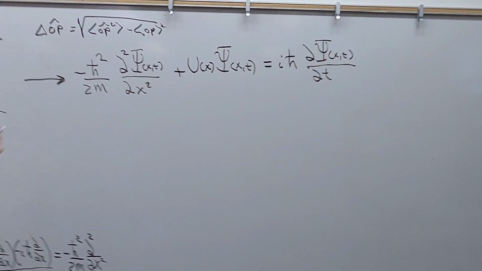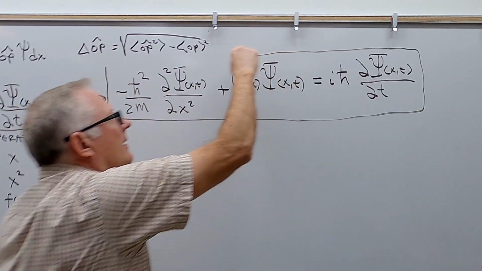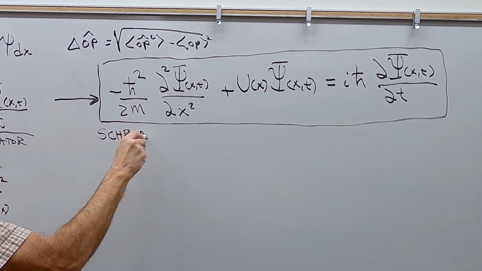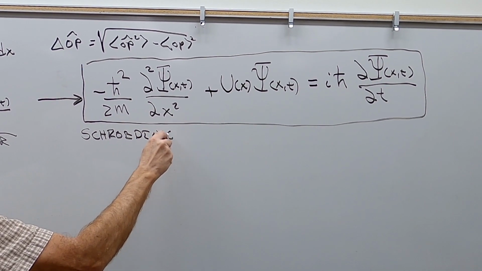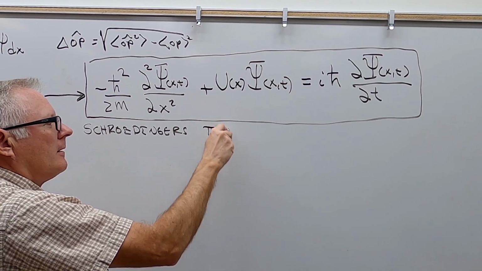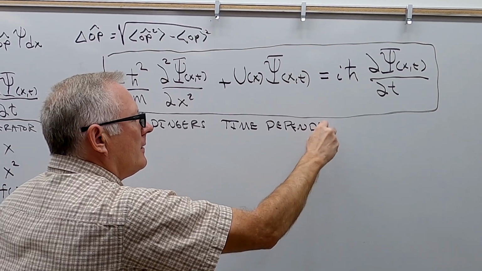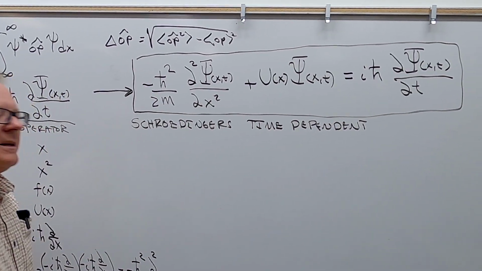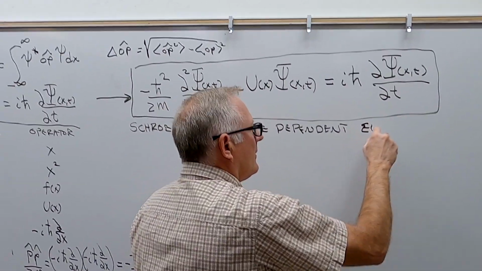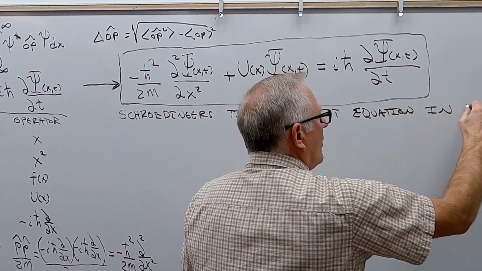Okay, so this equation right here is called Schrodinger's time-dependent equation in one dimension.